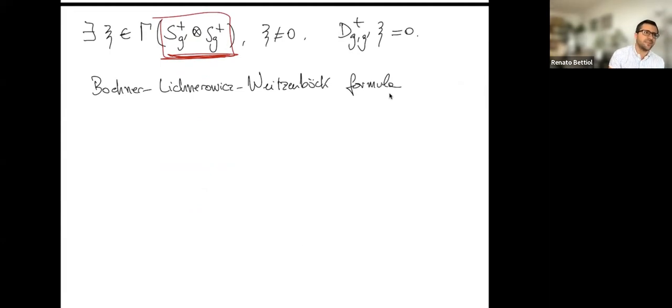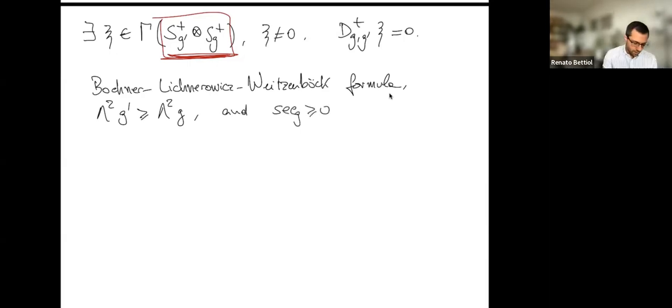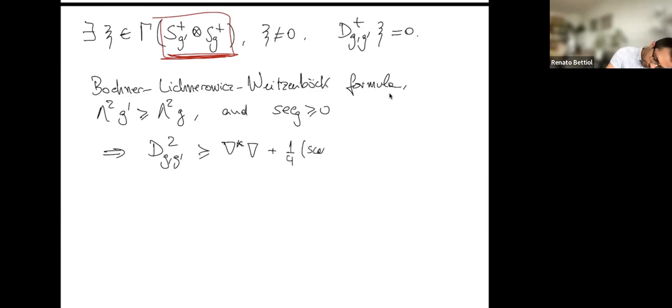And if we use this together with the fact, so I'm going to combine a few results already just to jump ahead to the conclusions. If we apply it knowing that wedge 2 G' is bigger or equal than wedge 2 G, and knowing that the sectional curvature of G is bigger or equal than 0, what you get is that the Dirac operator squared is bounded below by the rough Laplacian plus some curvature stuff, and that is 1/4 scalar curvature of G minus scalar curvature of G'.